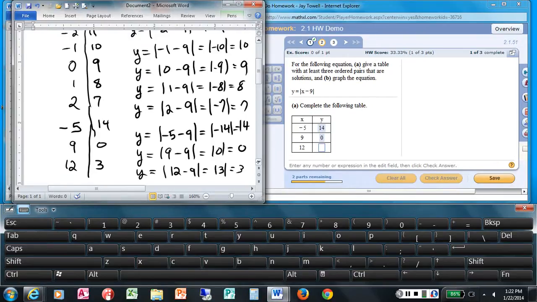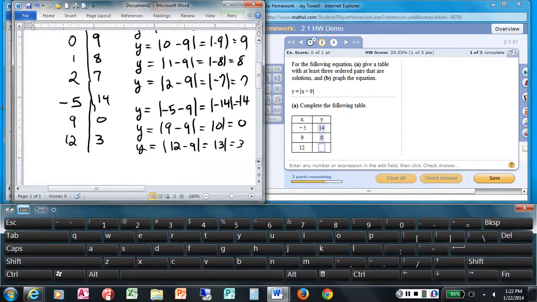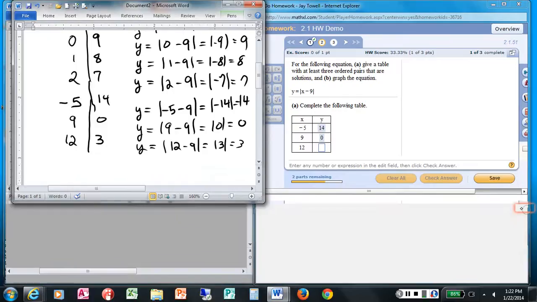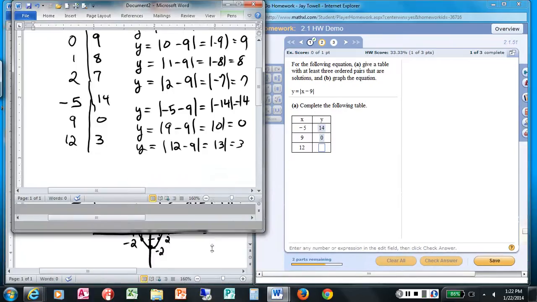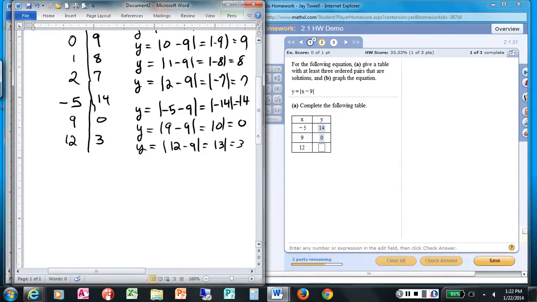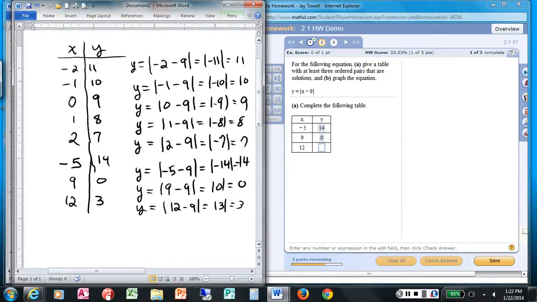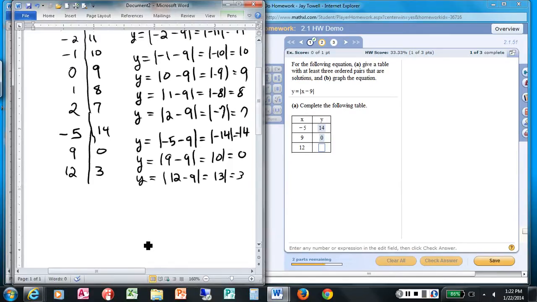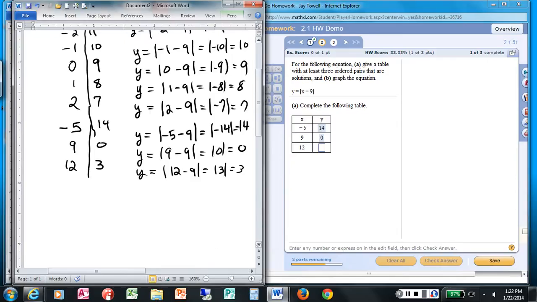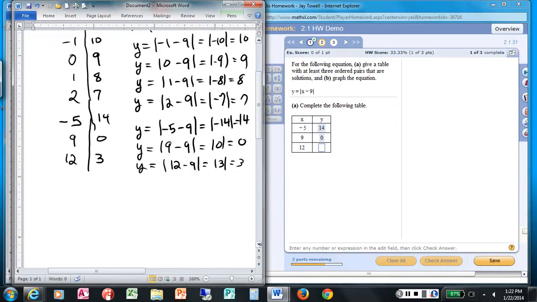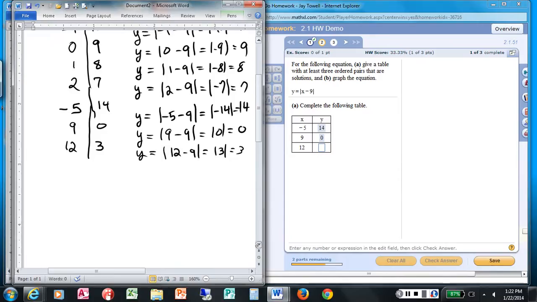All right, now for the graph. We've got quite a few points here, and quite a range of values. Let me get enough room.